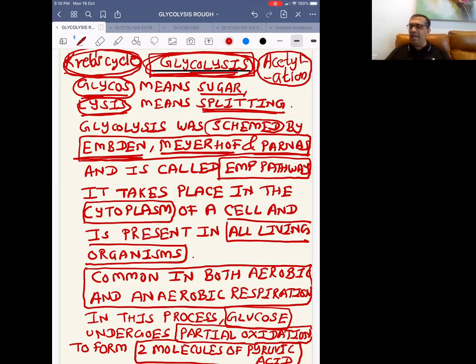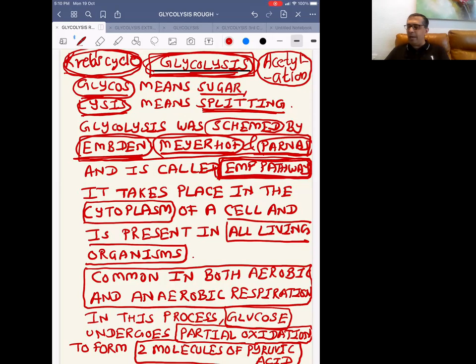These 3 scientists gave the schematic representation of glycolysis, and hence it is called the EMP pathway. After Embden, Meyerhof, and Parnas, it is rightly called the EMP pathway.